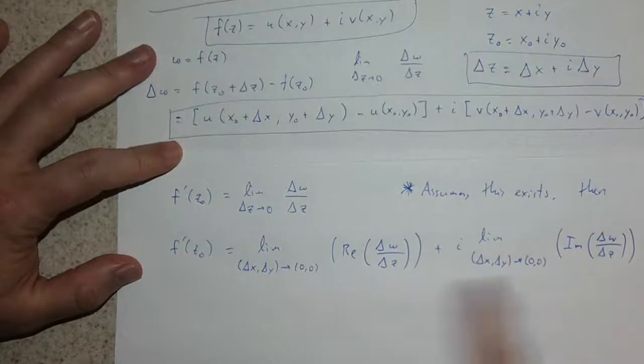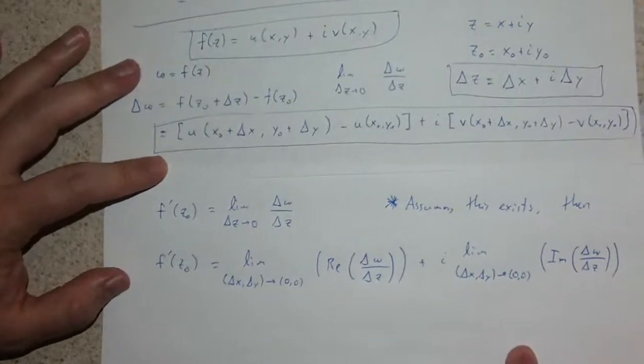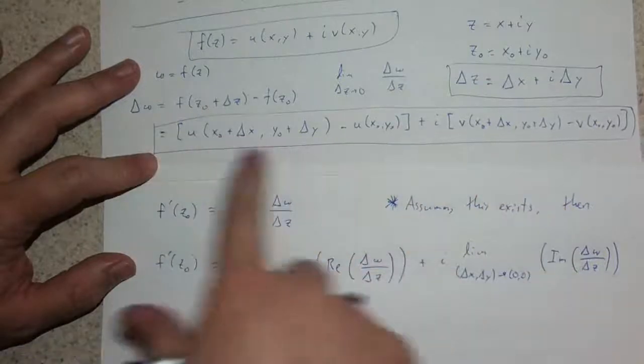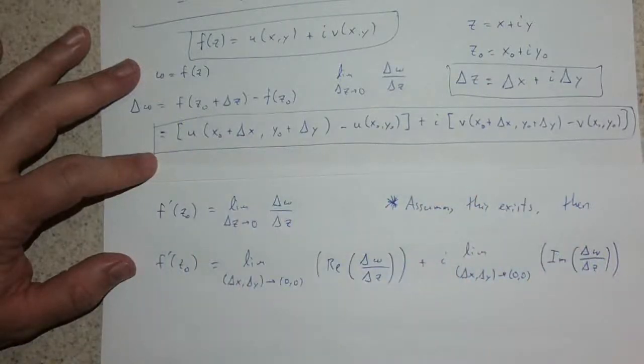Keeping in mind that here's delta z, here's what delta w is if I break it down into its u and v components like this.